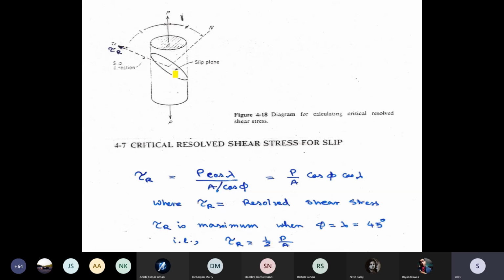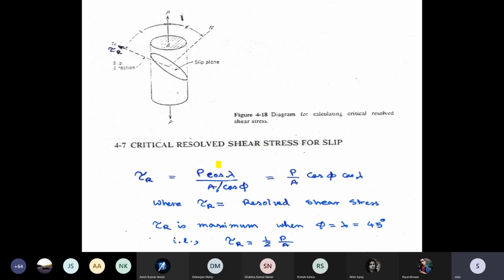Normal never ever causes deformation. Shear does. So when I apply load to this cylindrical sample, on the slip plane there will be a shear component and a normal component.